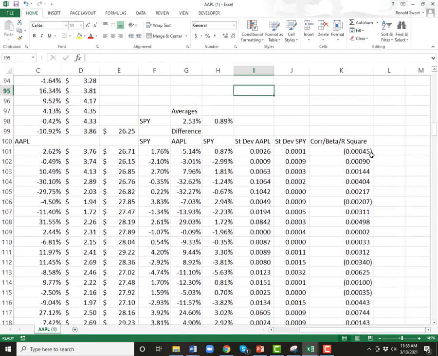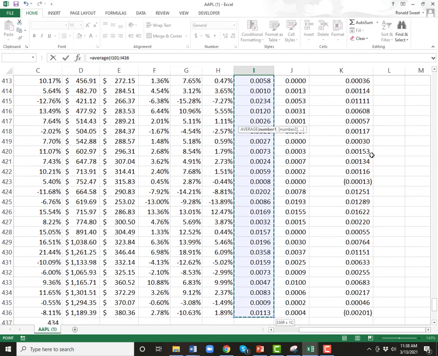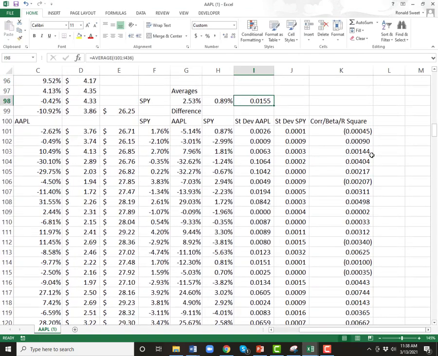And then we're going to do the averages again. So equal average of the square differences for Apple and S&P, and the average of the multiplications of the differences. Remember, this number right here is called covariance.